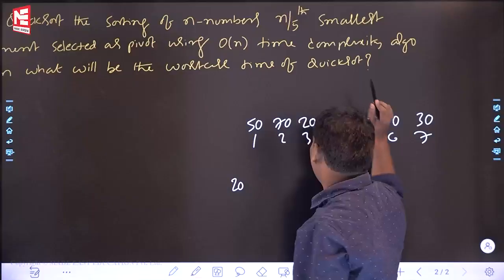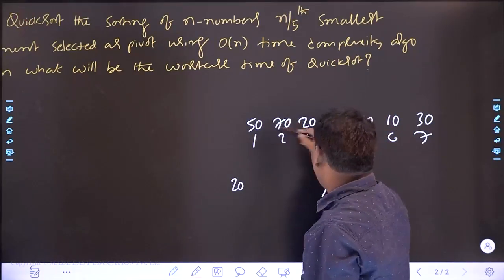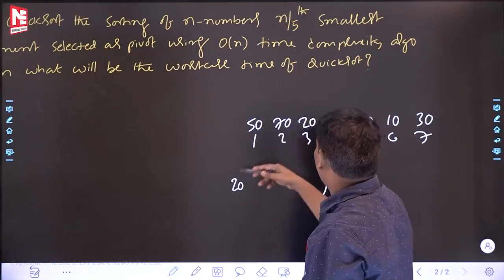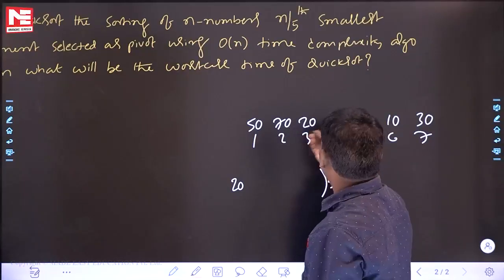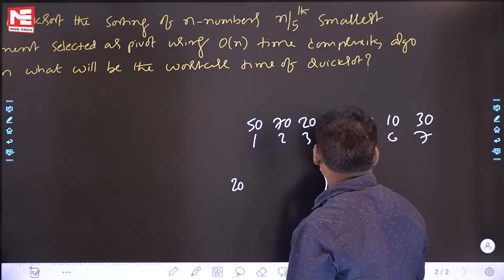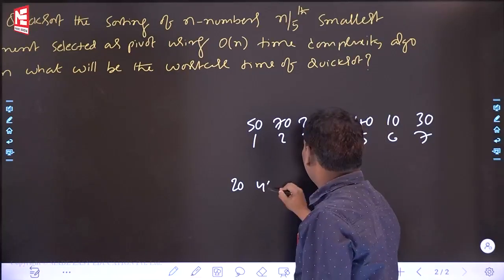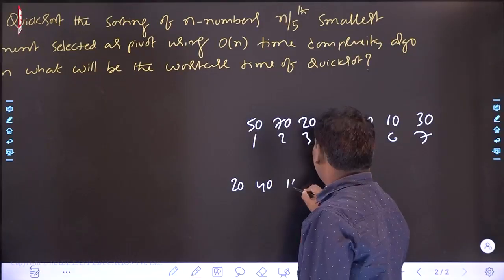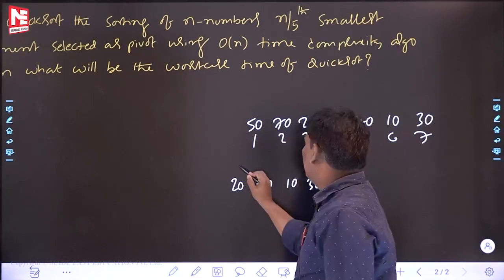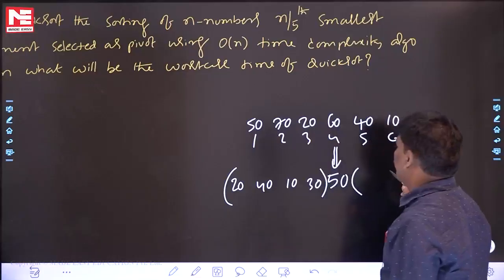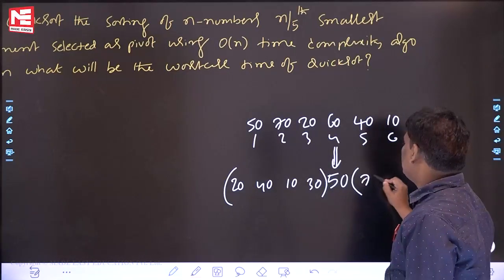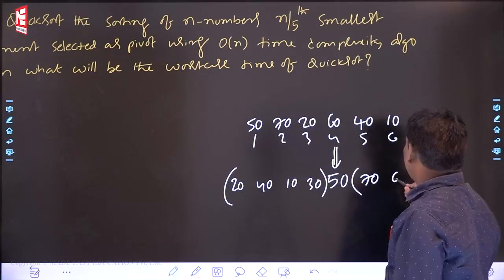If you take 50 as the pivot and apply the partition algorithm, 50 will go to the correct place, less than 50 on one side, more than 50 on the other side. Who is less than 50? 20, next 40, next 10, next 30. Those are less than 50. Who is more than 50? 70 and 60.